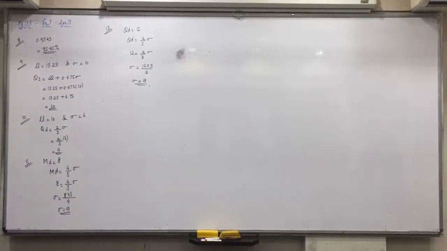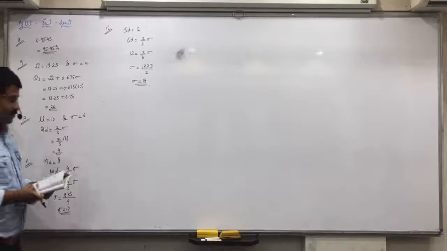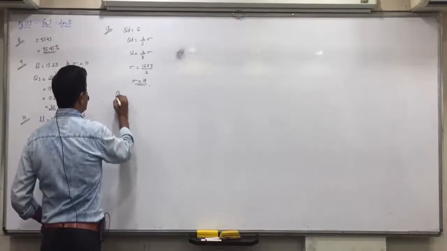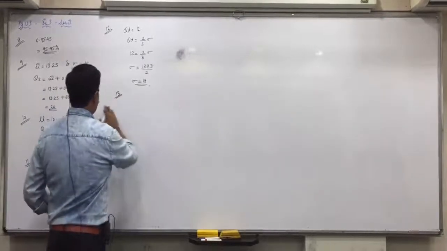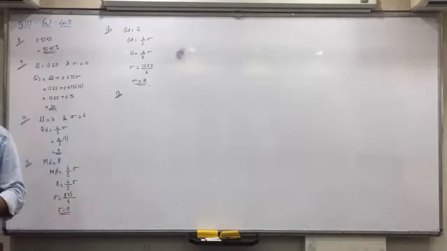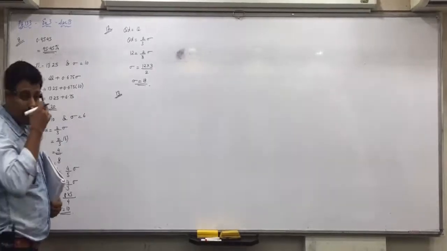Question 13. It's continued on the next page. For a probability distribution of a standard normal variable, standard normal variable means X or Z? Z. State the limits for the middle 50% observations.